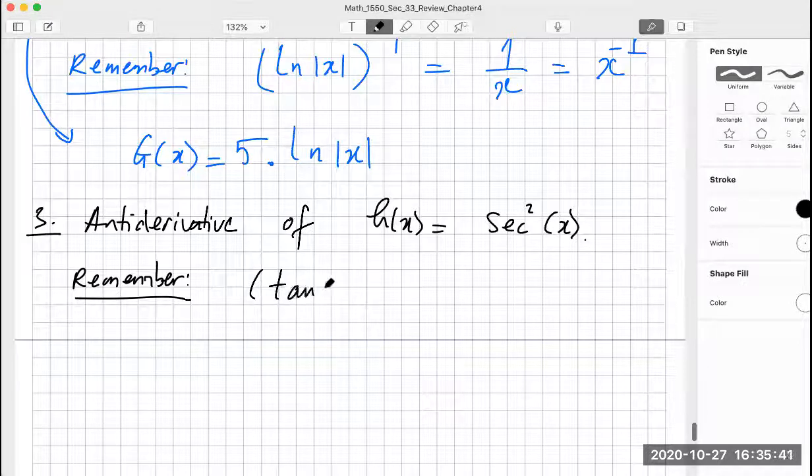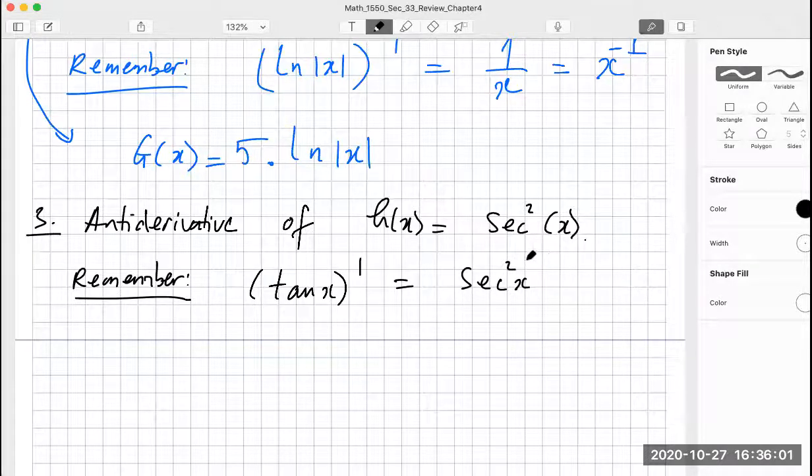Tangent of this, right? Okay, very good question. But before doing that, let me write that the derivative of tan gives us secant x squared here, right?